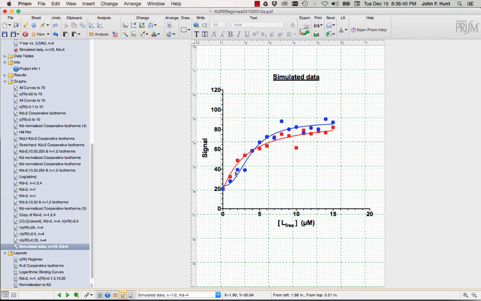Now we're seeing one of them really does look cooperative, but the other one, based on the most probable parameter values from nonlinear curve fitting, looks pretty hyperbolic and looks pretty independent site. So one useful thing now will be in the Hill and Scatchard analyses to see whether they support this interpretation that the red curve is independent site and the blue curve is cooperative.